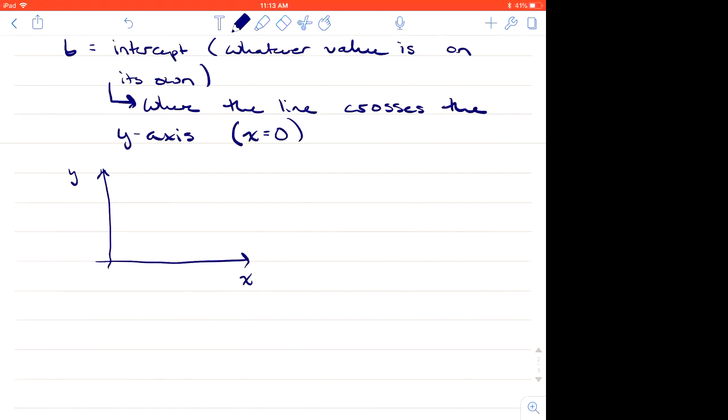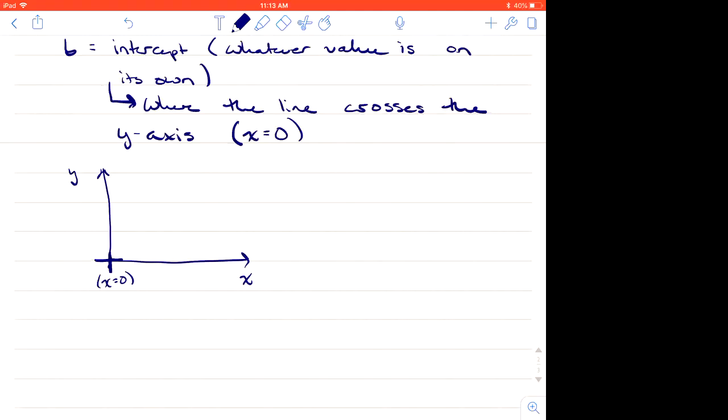Okay, so that's your x-axis, your y-axis. At this point here, we're at 0, 0, which means that this must be where x equals 0. So here at x equals 0, that's where we're going to cross the y-axis.